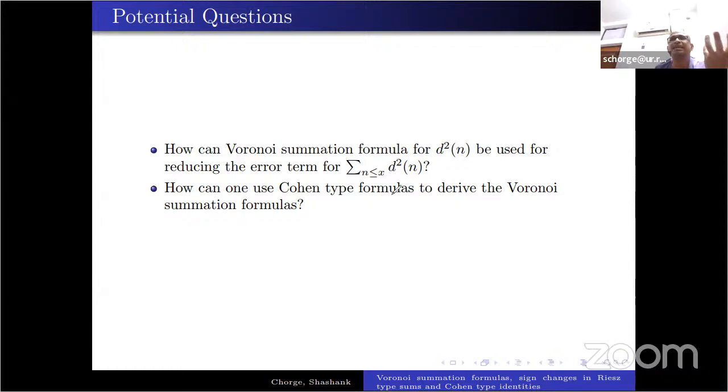That is the reason we can't use the Cohen type technique. So, is there any way to bypass that problem? Is there any way to analytically continue that series and so on? So, these are the two problems that will be very interesting to explore in future.